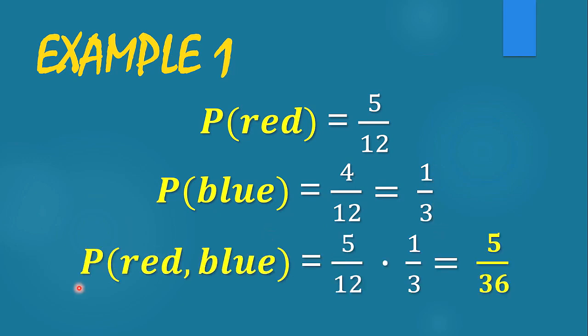And then the probability of getting a red and then a blue marble is equal to 5 over 12 times 1/3. This is equal to 5 over 36, or 5 divided by 36 is equal to 0.14 or 14%.